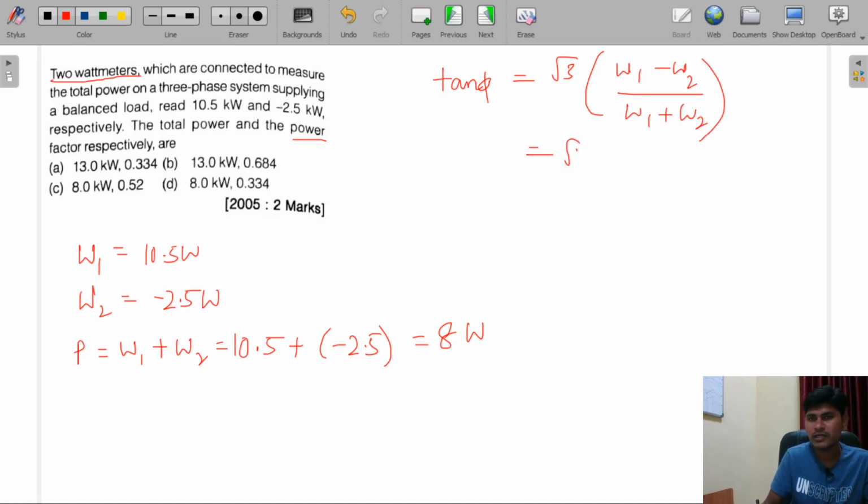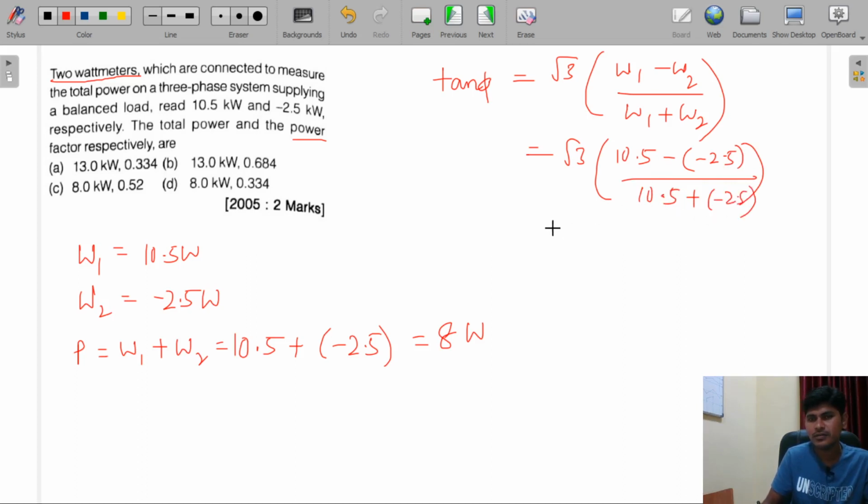So you're going to get root 3 into (10.5 minus of minus 2.5) by (10.5 plus minus of 2.5).